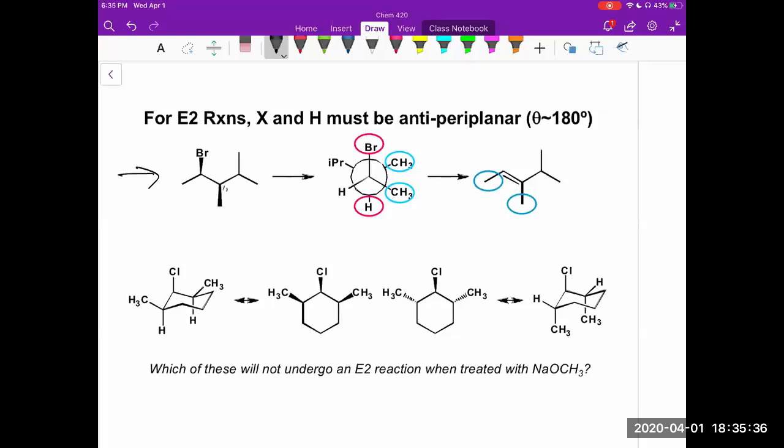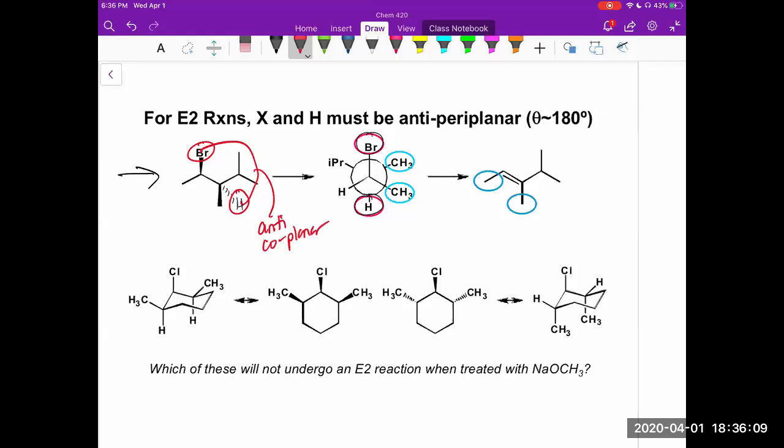And that means the hydrogen is going away. When I do the Newman projection of that, you can see that I have the bromine and the hydrogen opposite. The bromine's coming at me, the hydrogen's going away. So this guy is set up for the reaction to happen. As this thing exists, these guys are anti-coplanar.